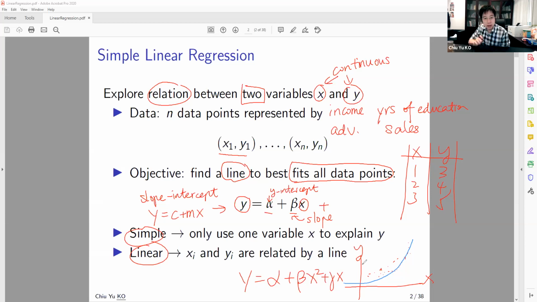But do note that it's not that restrictive. Suppose if this is something you want to run a regression on, you can still run the regression by creating a variable, x squared, which becomes x.